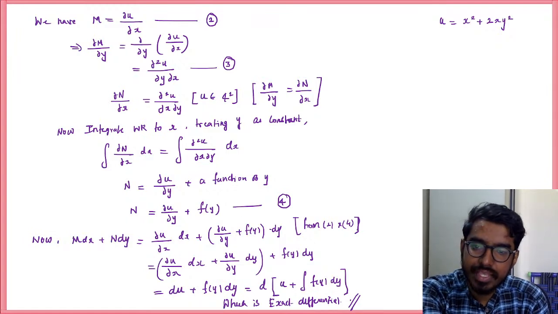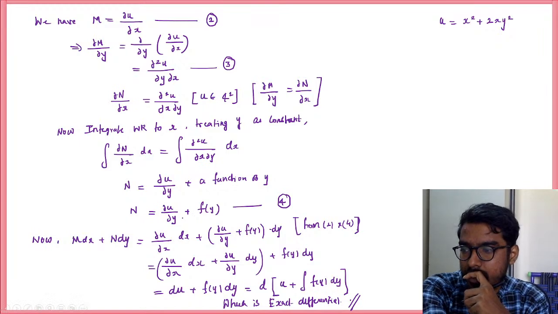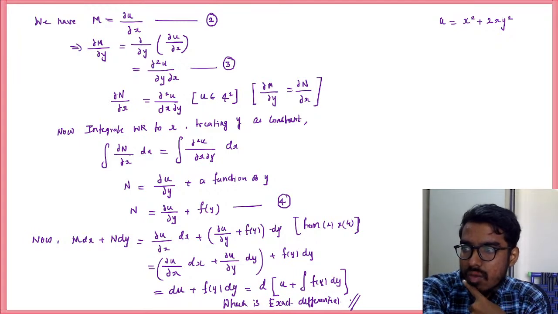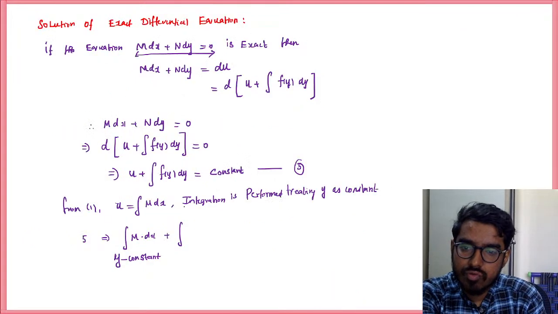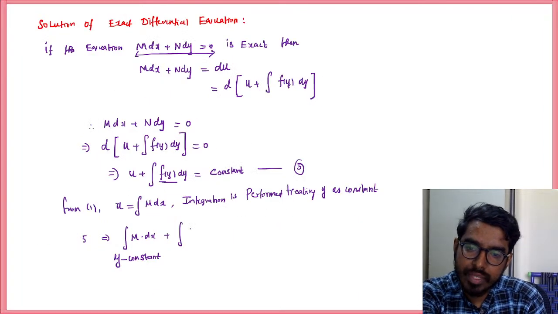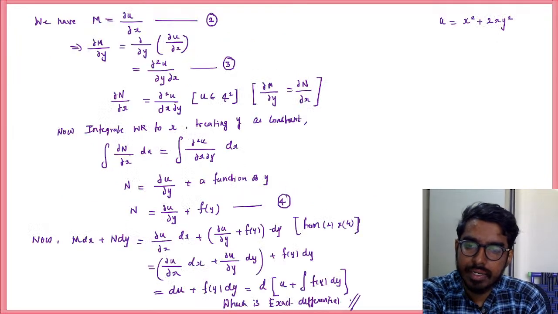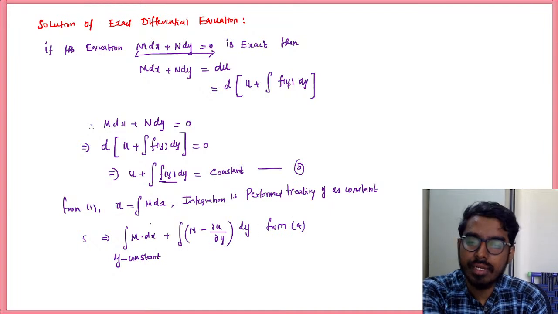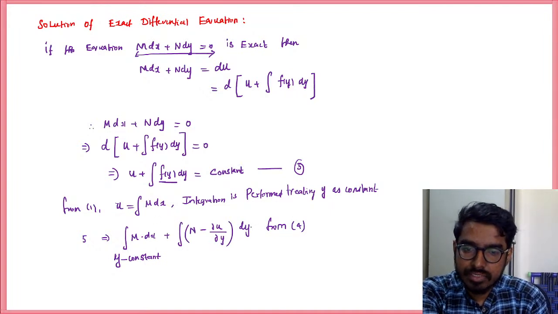From 4, f of y is N minus dou u by dou y, into dy. Now remember, c equal to c.